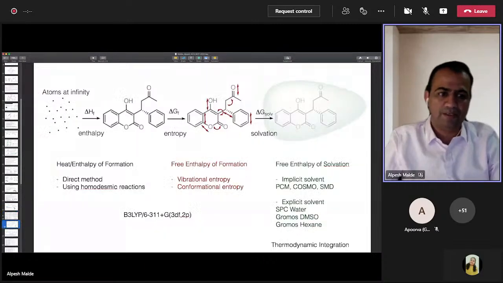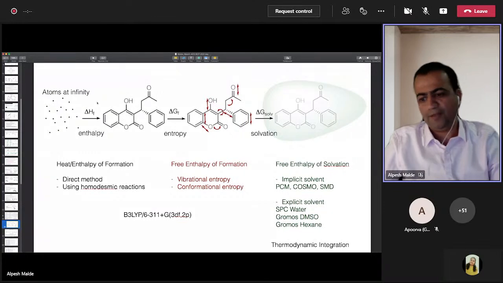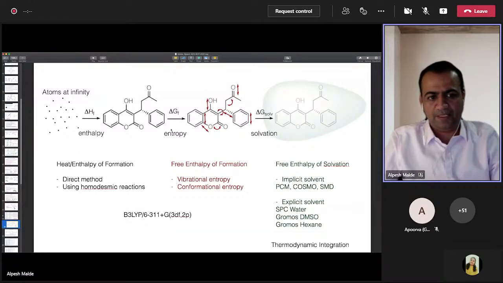So what we did was look at the entire process computationally, that we have atoms at infinity. To form this molecule in vacuum, it needs what we call the heat or enthalpy of formation, which is a very fundamental quantum mechanical property. And then once the drug is formed, it also has a component of entropy, which arises from the various rotations and vibrations of the molecule.